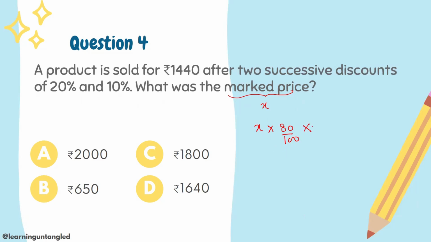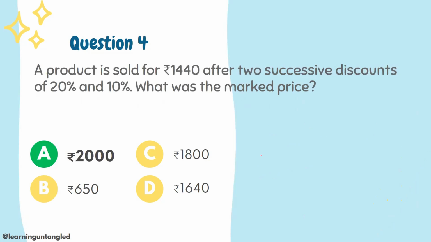So the final value would be 90% of this value. And this final selling price is given to me, 1440. You can go ahead and solve for the value of X, and then your answer is A, 2000 rupees.